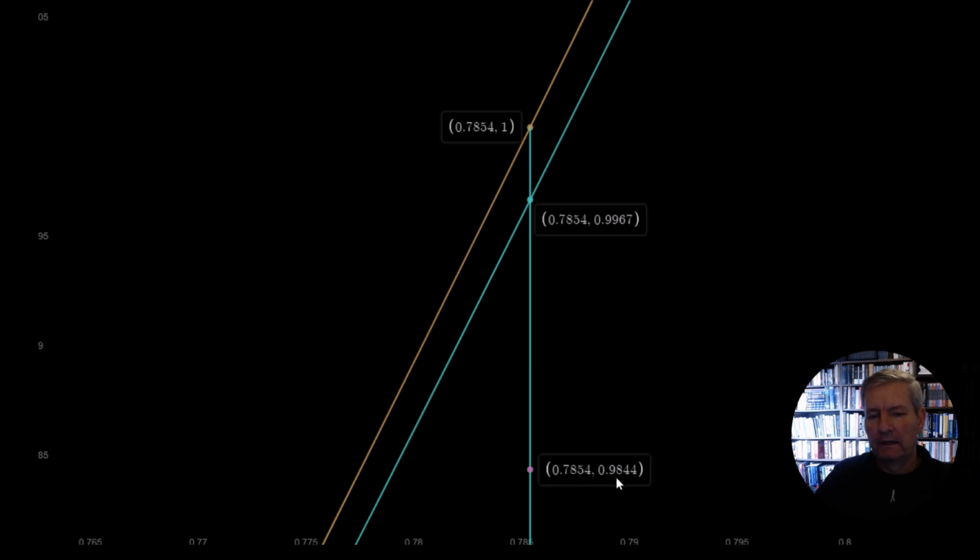The result we get is actually 0.9844. Whenever you subtract this one from this one, you get 1.23. So in effect we've lost 1.23% of accuracy running the actual algorithm due to rounding errors.